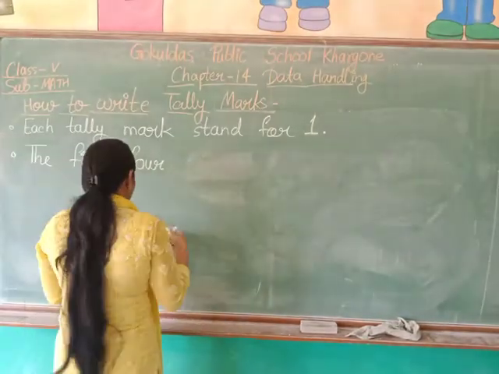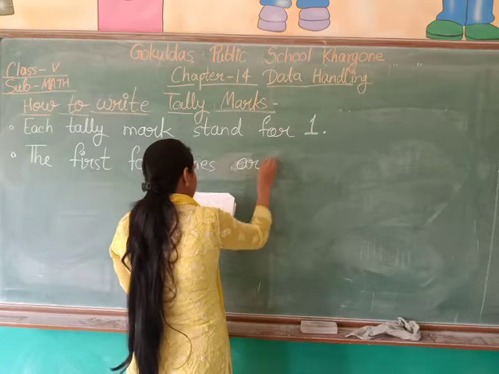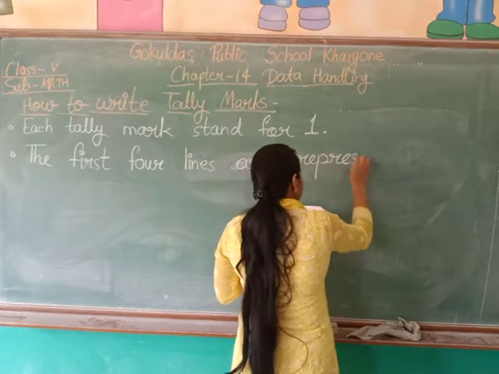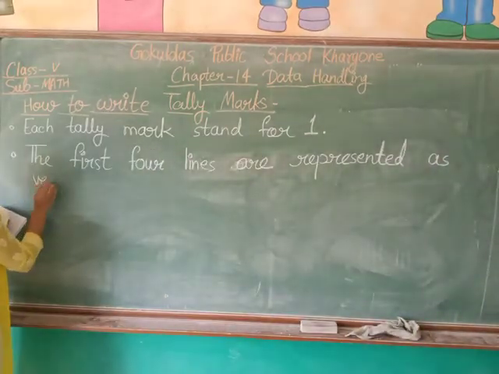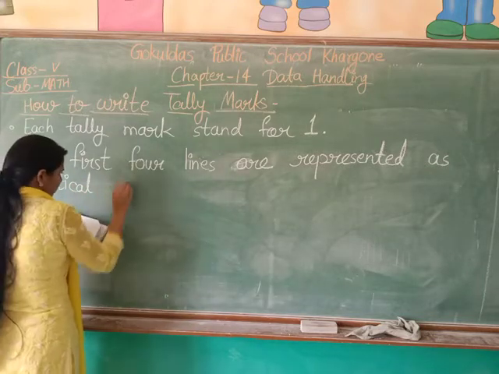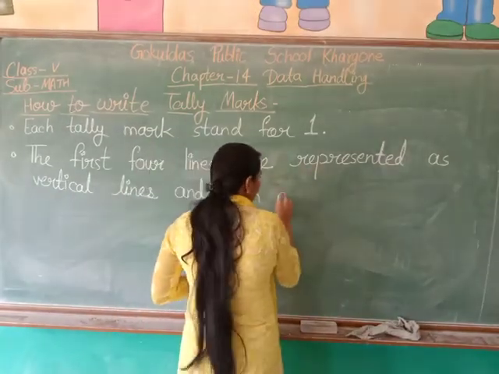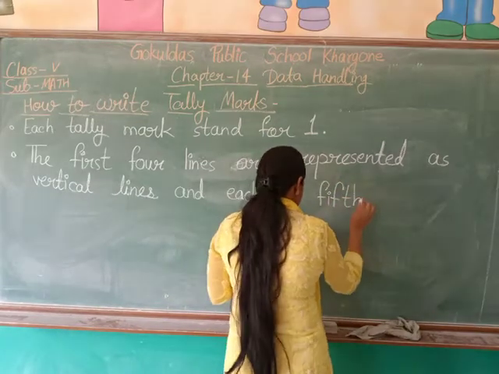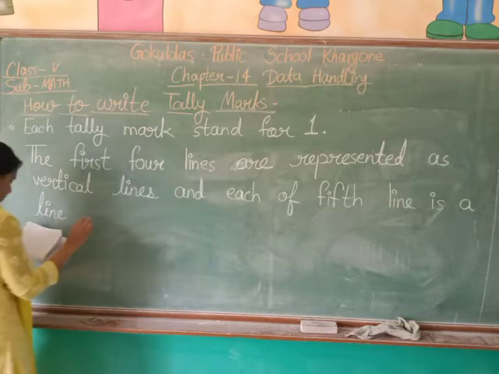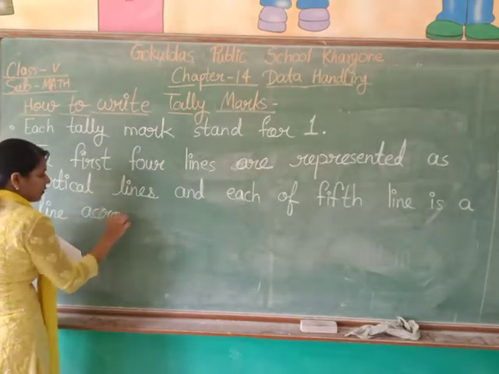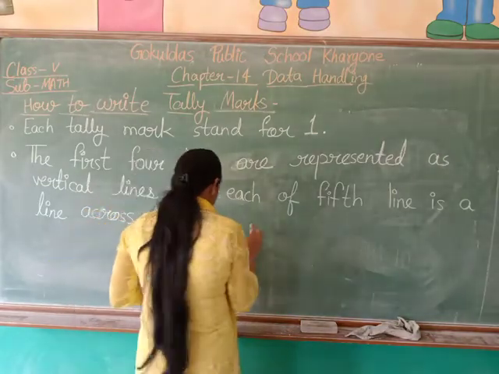Now the first four lines are represented as vertical lines, and each fifth line is a line across the 4 tally marks.